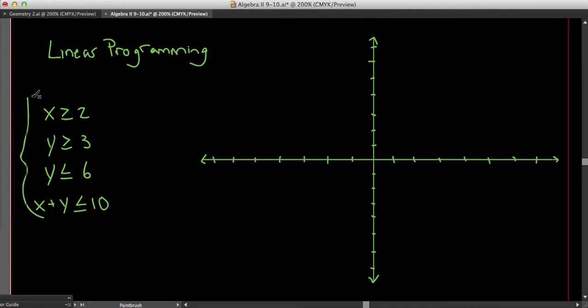So we're given this set of constraints, and the first thing that we should really start doing is thinking about what it looks like on a graph.